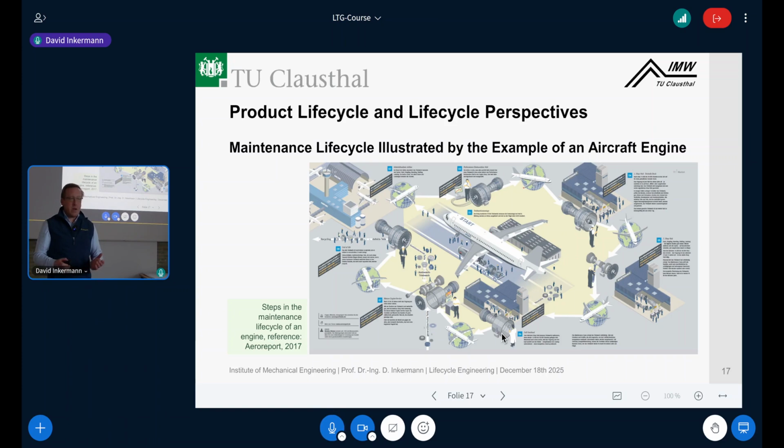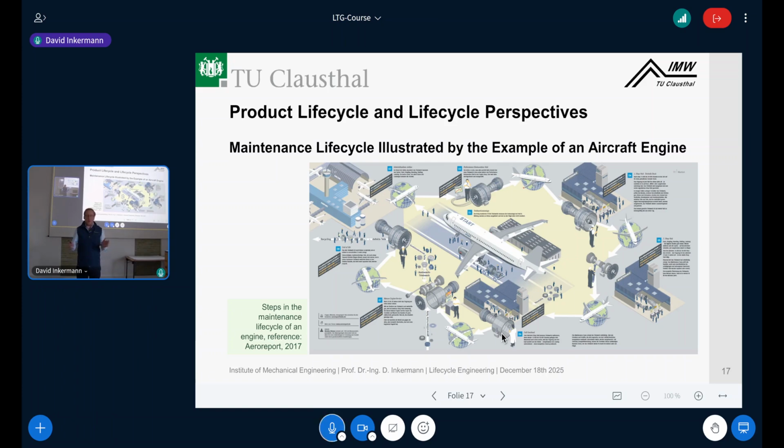We have a very strict and very well-organized process on how to maintain the different engines. As you can see here, that is not considering the overall life cycle of the aircraft, but it is only focusing on the engine. And you see here the different numbers.